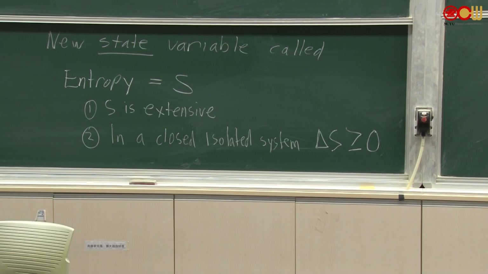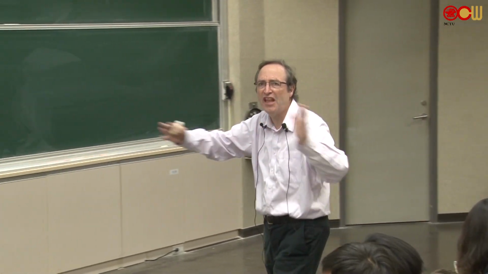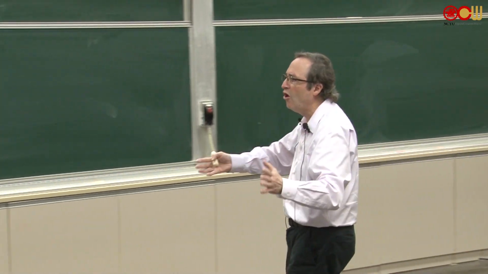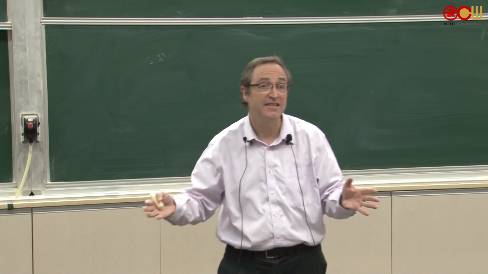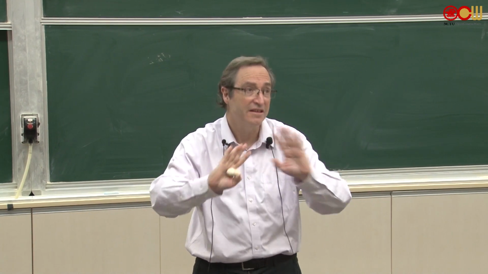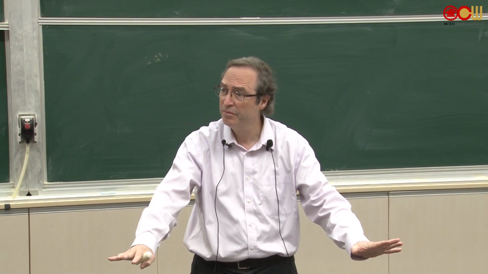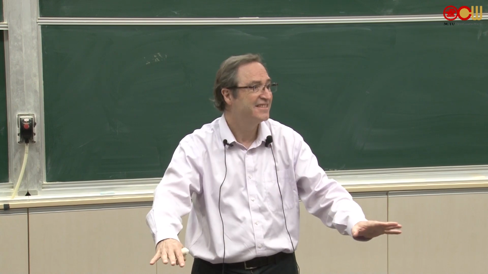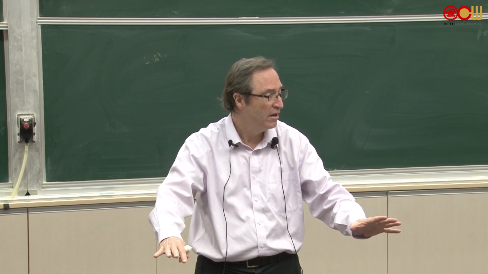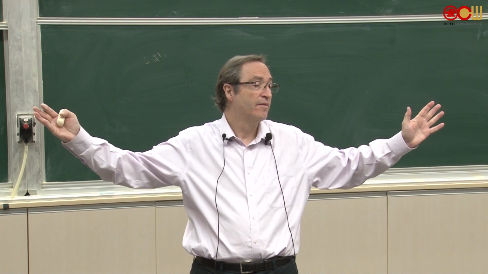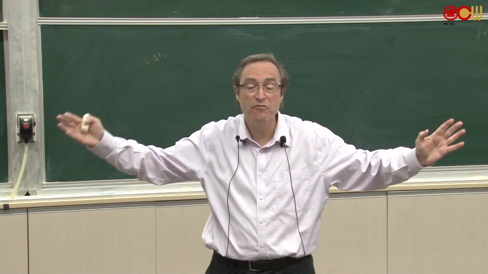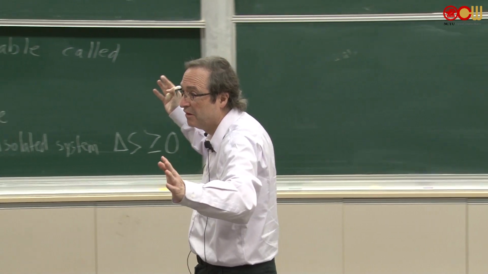So if I have an isolated system, nothing goes into it, nothing comes out. No energy, no particles, nothing. It's a closed system. The entropy either stays the same, which means it's at equilibrium, so over time it's just sitting there at equilibrium, or it gets bigger. And we'll do an example where it gets bigger, where it changes.